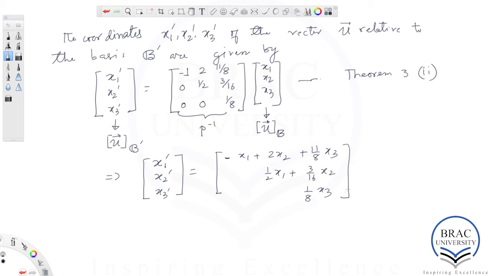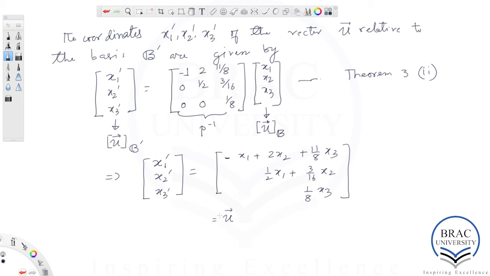Okay, now we know that u can be written as a linear combination of the elements of the ordered basis B. At the same time, the same vector u can also be written as a linear combination of the basis elements of the ordered basis B prime.